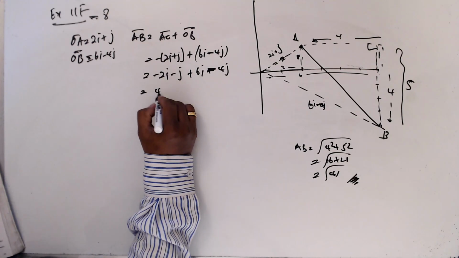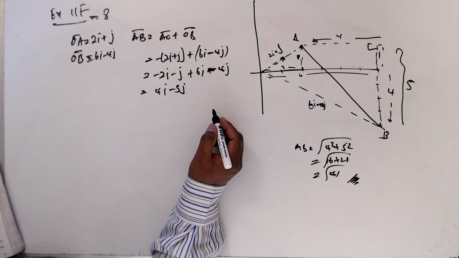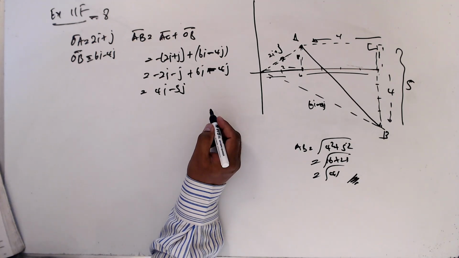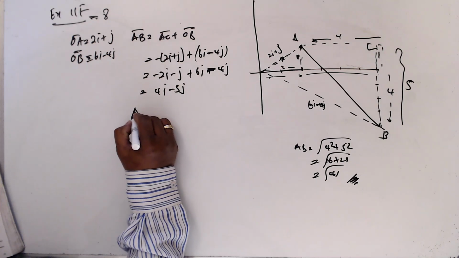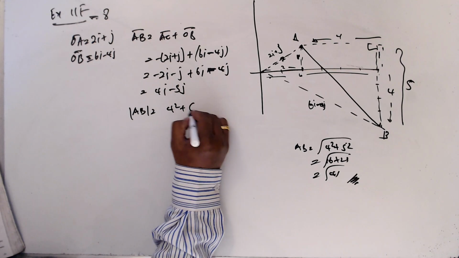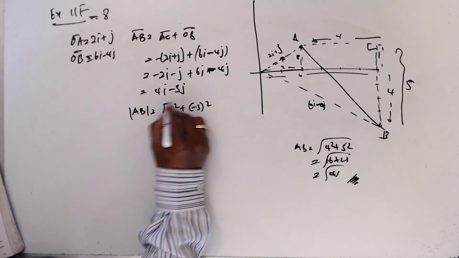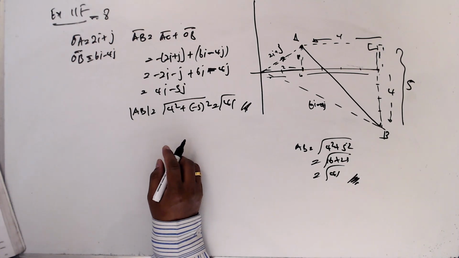So this is going to be 4i minus 5j. Then the magnitude of AB equals square root of 4 squared plus minus 5 squared, square root 41. So you can come that way as well.